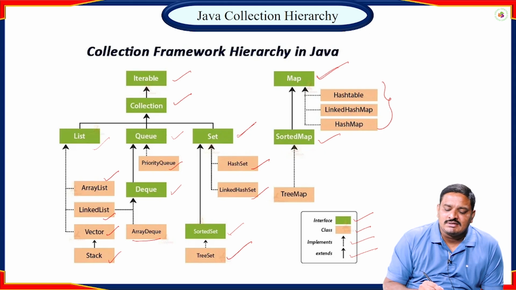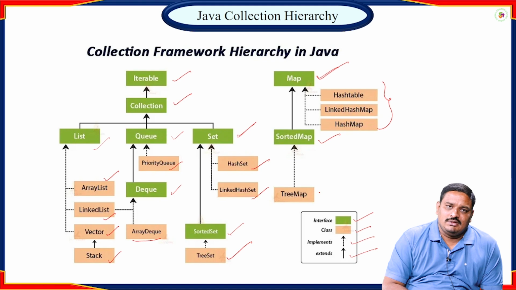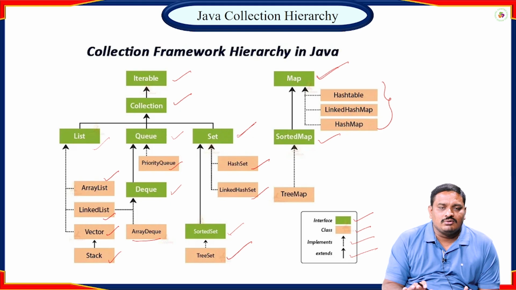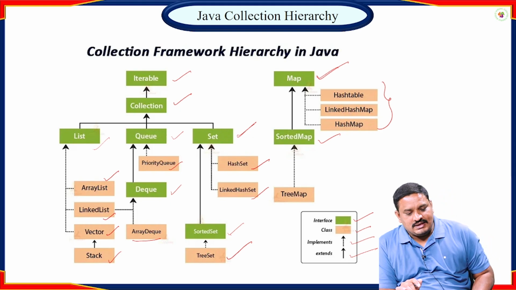What are the three classes? Hashtable, LinkedHashMap, and HashMap. Under the SortedMap interface, TreeMap is there. This is the collection framework hierarchy. We are not discussing all the classes, only some few classes.